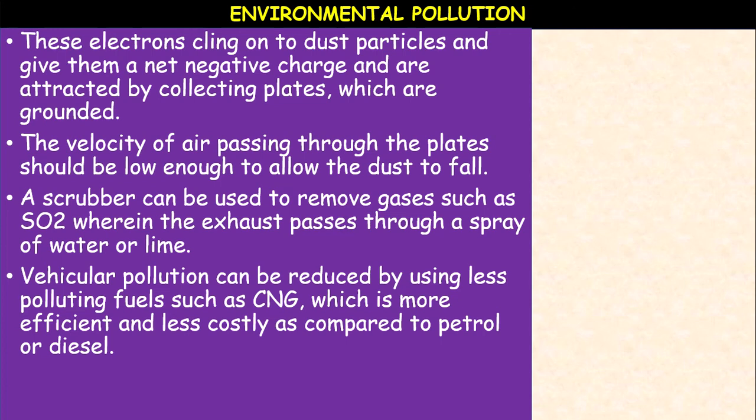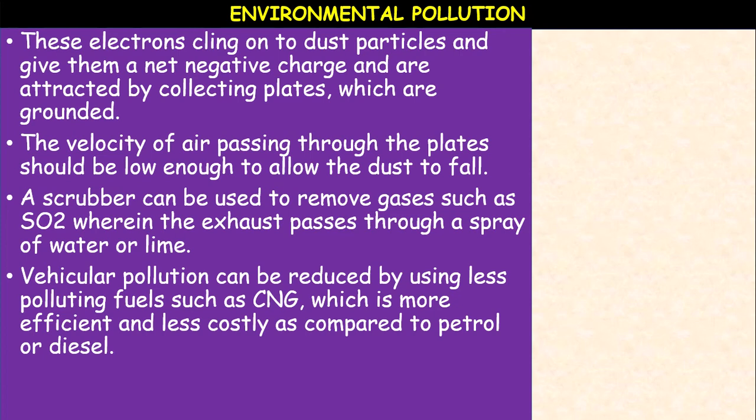Vehicular pollution can be reduced by using less polluting fuels such as CNG, compressed natural gas, which is more efficient and less costly compared to petrol and diesel. CNG based vehicles are becoming popular nowadays. What is the difference between CNG and petrol based vehicles?